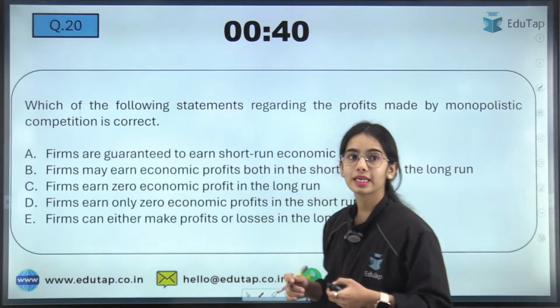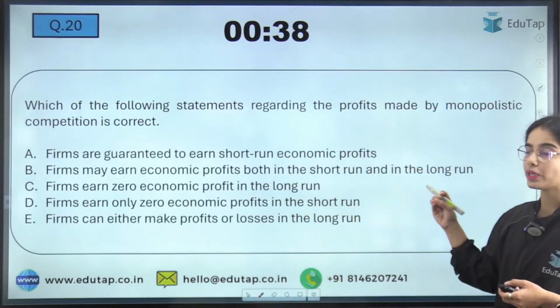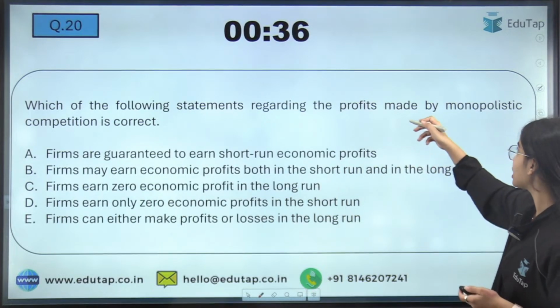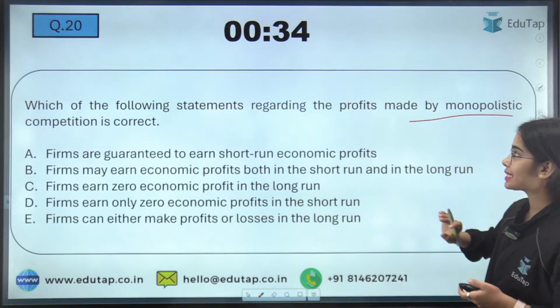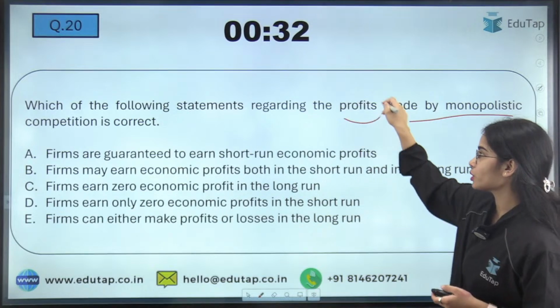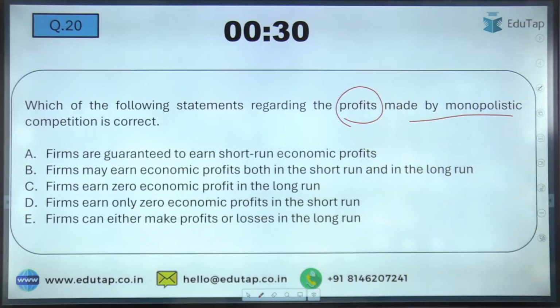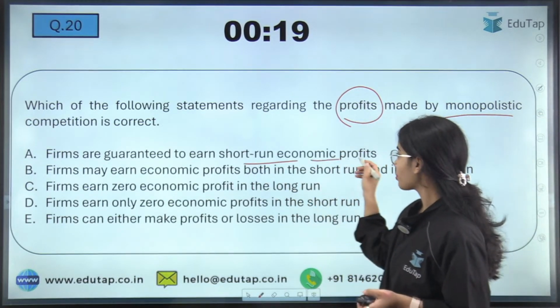Now coming to the next question. Which of the following statements regarding the profits made by monopolistic competition is correct? So you have to tell which of the following statements is correct in regard to a monopolistic competition firm. Firms are guaranteed to earn short-run economic profits?